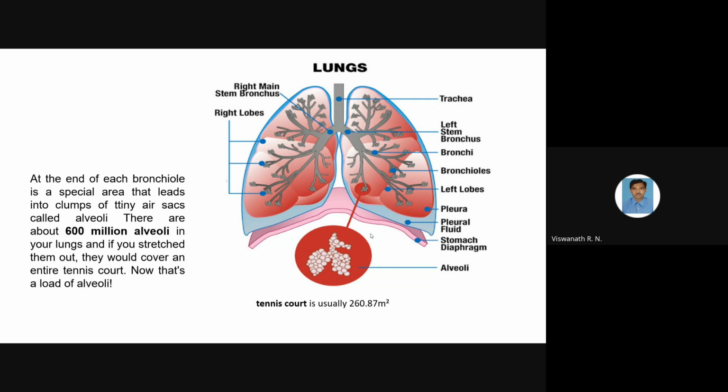So if you want to increase the oxygen level, the alveoli should be effective. That is why viruses usually affect the alveoli region and disrupt the separation of the air into oxygen.